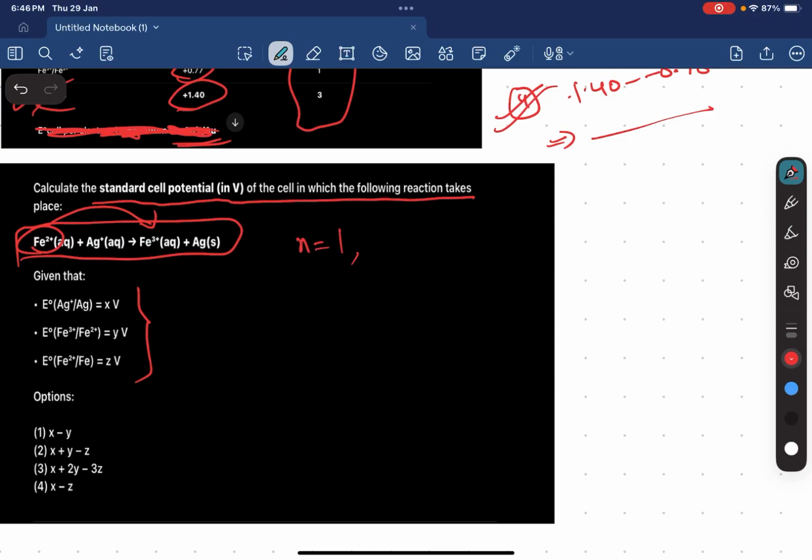Is it oxidation or reduction? So Fe2+ to Fe3+ means it is undergoing oxidation, means it acts as anode. Same way here n equals 1, Ag+ converted into Ag, that means plus 1 to 0, which means reduction. This is called the reduction process.